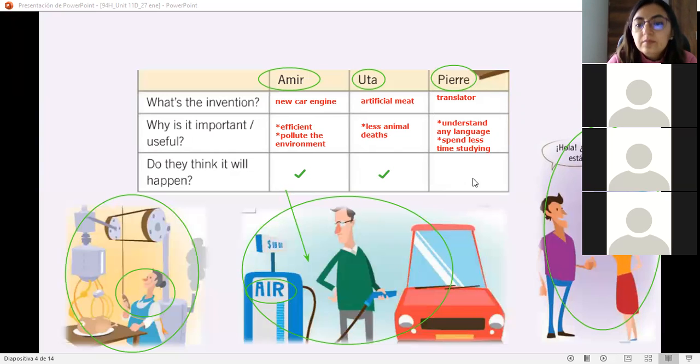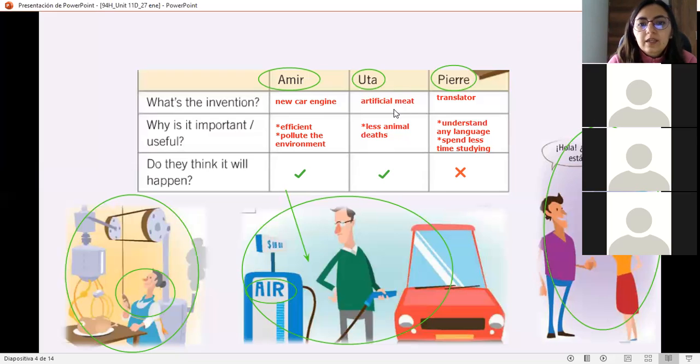Maybe no. Why? He said something about the years, the time. In the listening, they were saying maybe or probably it's gonna take years, right? Es muy probable que tome años, decía, ¿no?